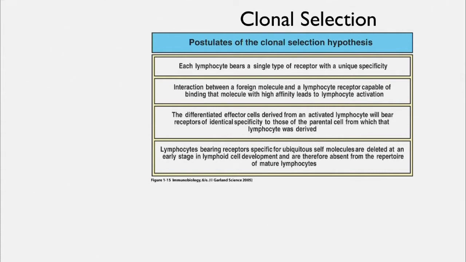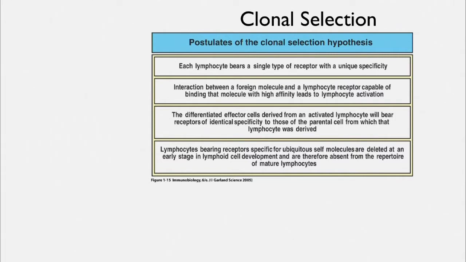An interaction between a foreign molecule and that receptor binding that specific molecule will activate that lymphocyte, and a differentiated cell that's derived from that activated lymphocyte will have the same receptor. So that's the clonal selection hypothesis. That cell makes that specific receptor, and it retains that in its descendants.